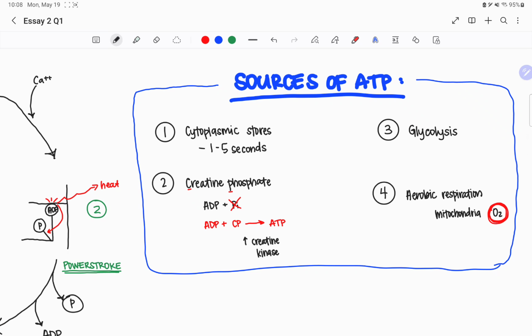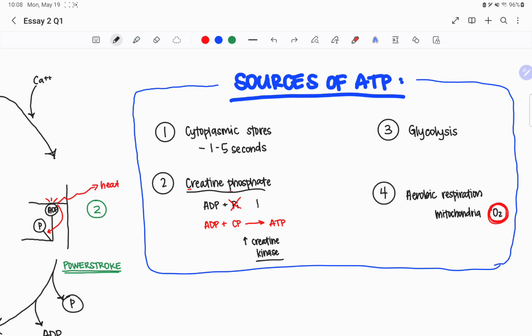Another source of ATP that our bodies use is creatine phosphate. What it does is it takes ADP, our creatine phosphate comes up, and the ADP steals one of the phosphates off that creatine. Creatine kinase is what takes the phosphate and adds it. So then we get ATP. So it's a little more regenerative, it is regenerative, but it's not limitless. So it is limited.